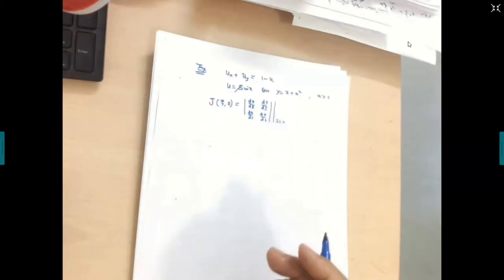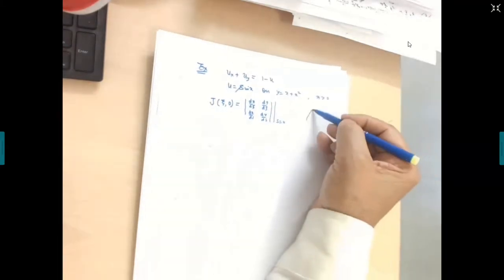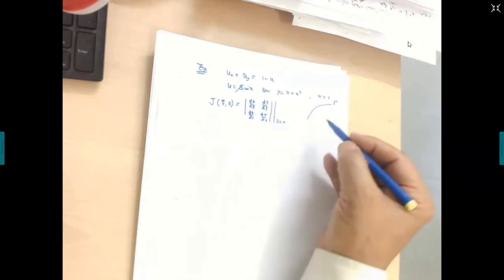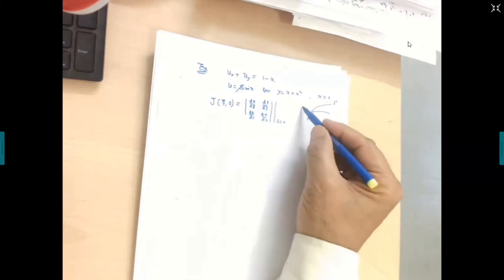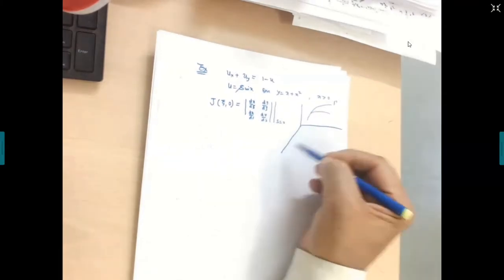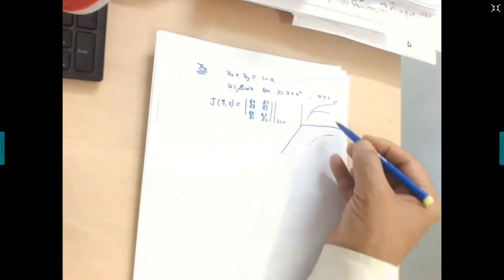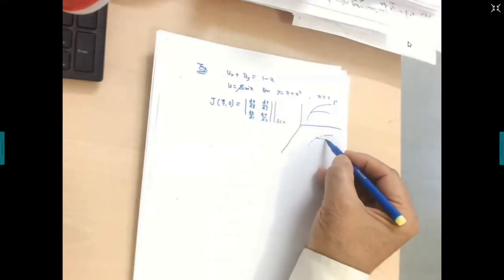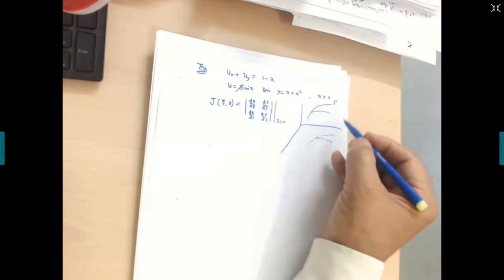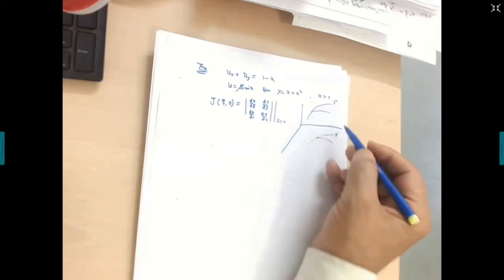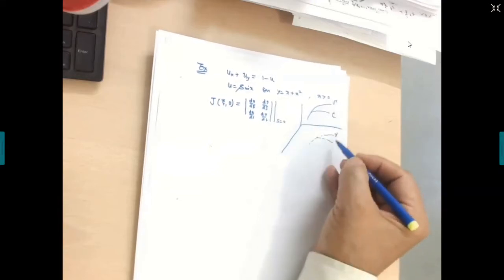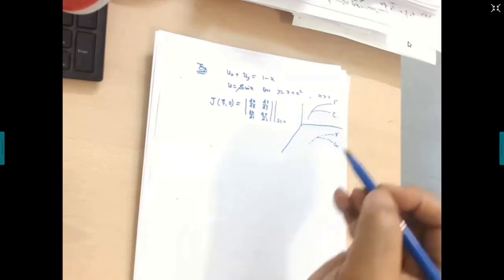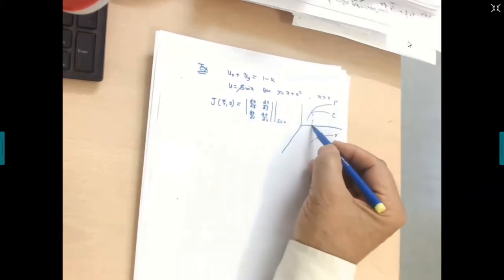This is your gamma, this is your space curve, and this is your base curve, the projection of the space curve. And this is the projection of the space characteristic curve.